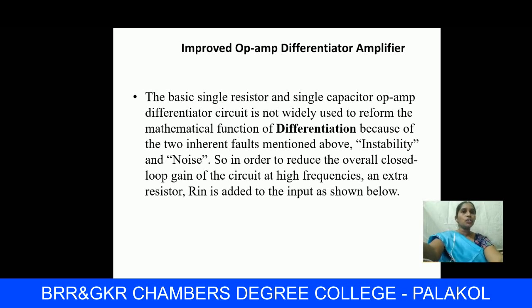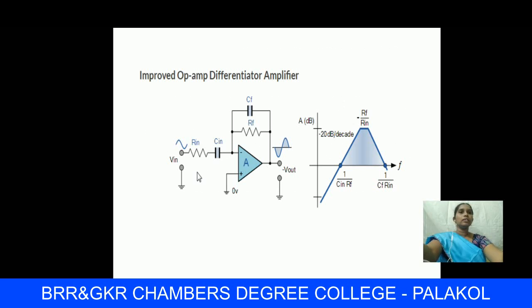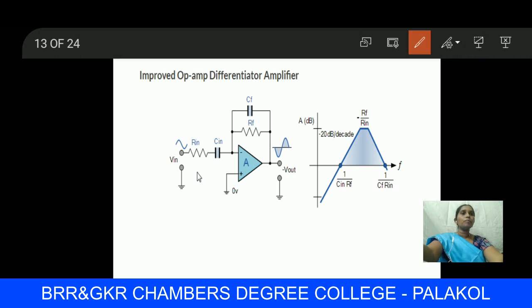In order to reduce these two drawbacks, an extra resistor, that is Rn, is added at the input, as in this figure. Okay, so this is an improved op amp differentiator circuit. So here one resistor and another resistor, that is Rn, will be used. Why? Because the previous differentiator has two drawbacks. The first one is noise and the next one is instability.